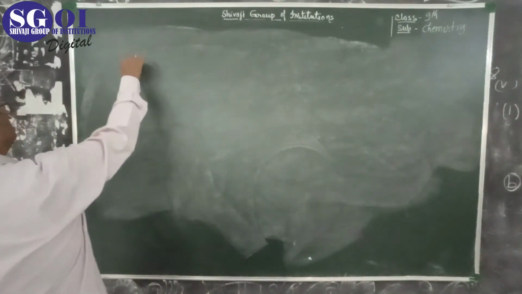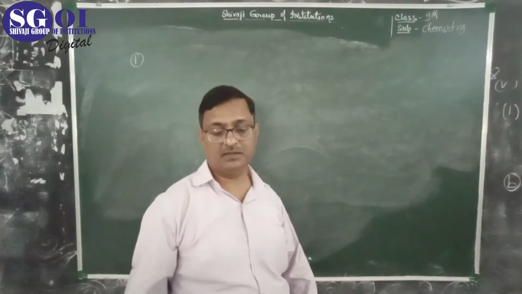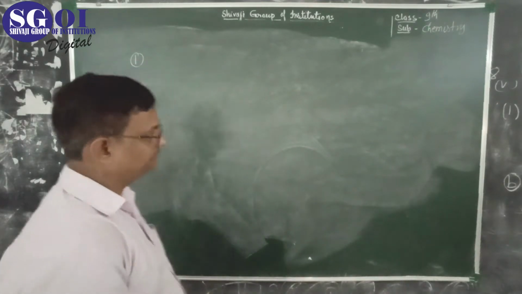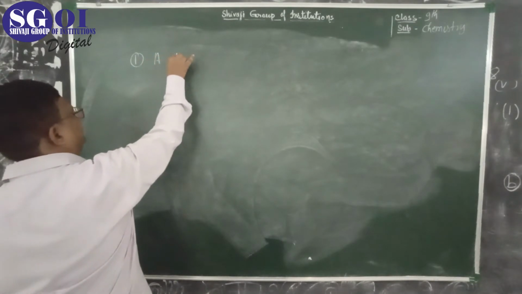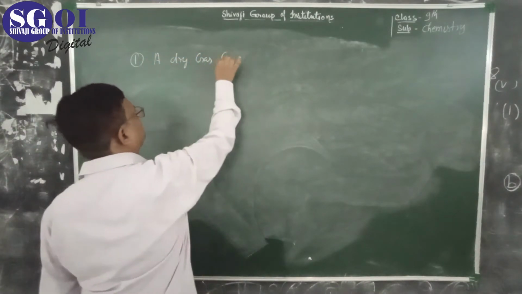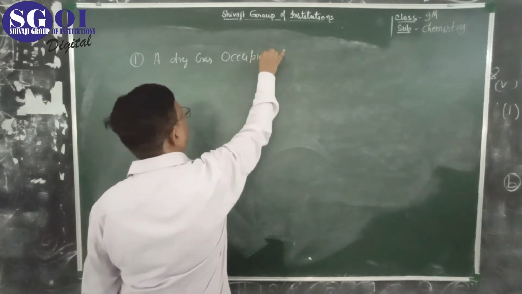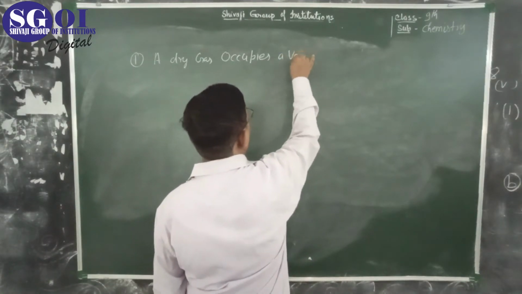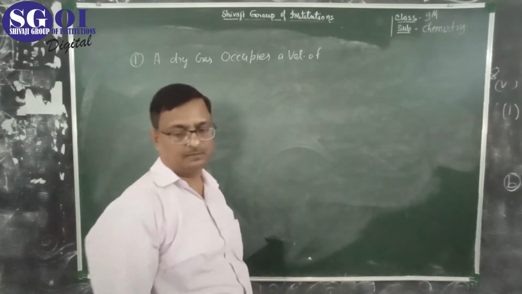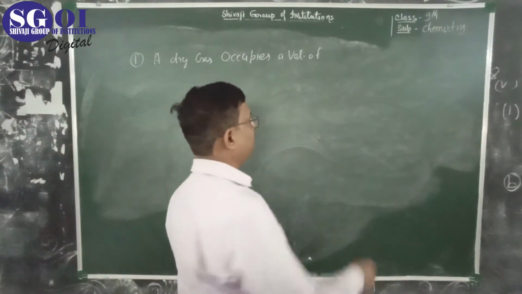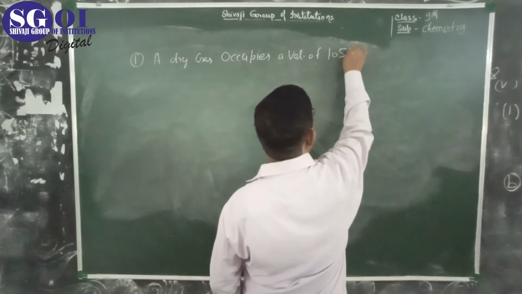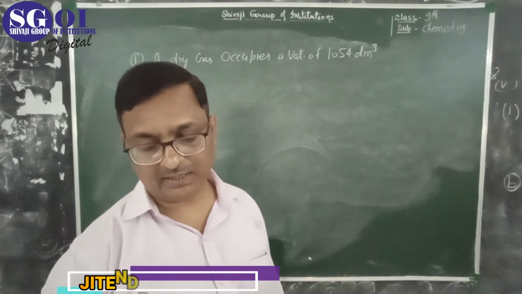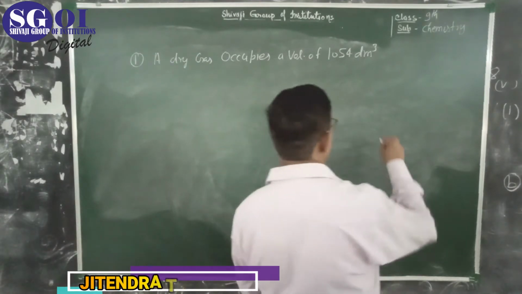So, one question is: a dry gas occupies a volume of 1054 decimeter cube at a temperature of minus 73 degrees centigrade.